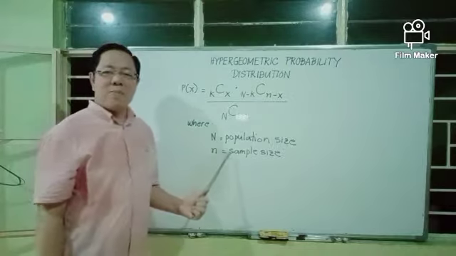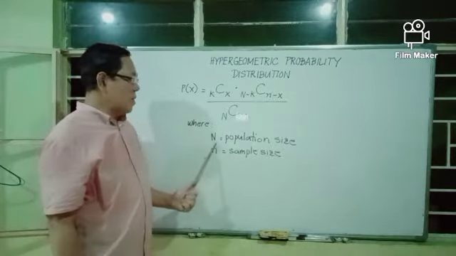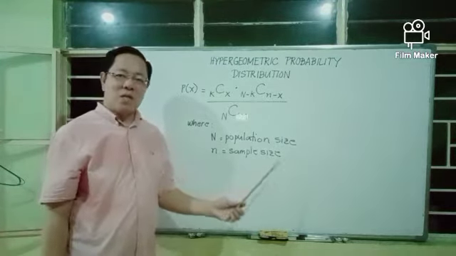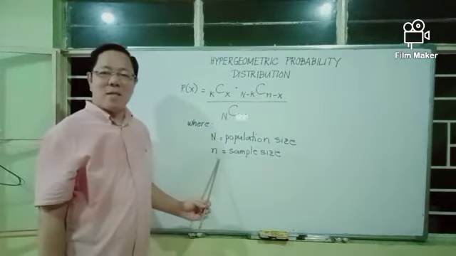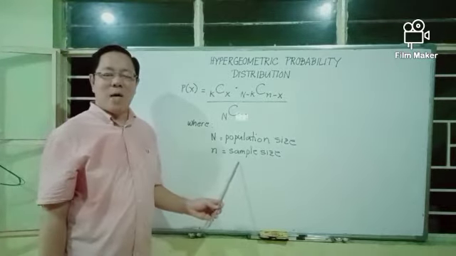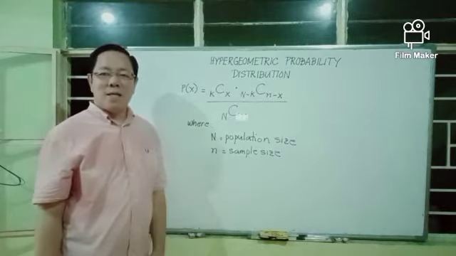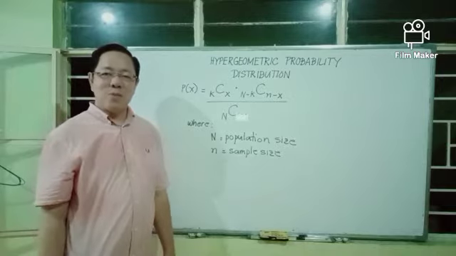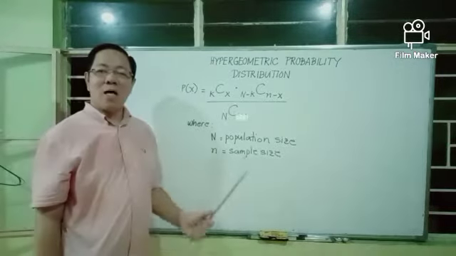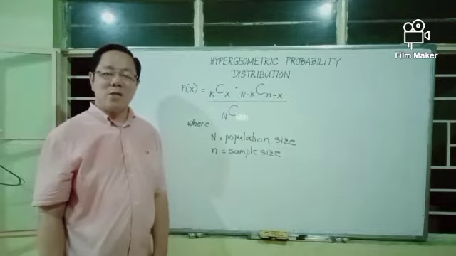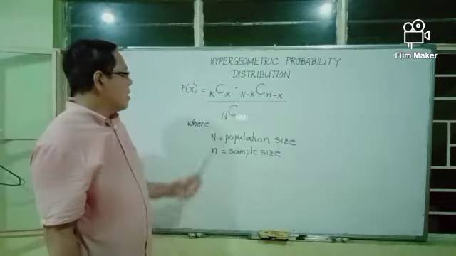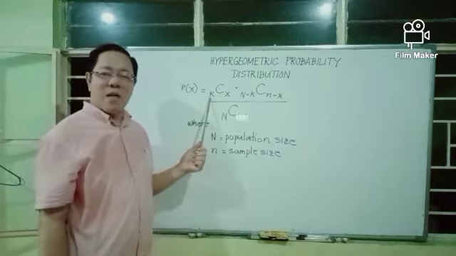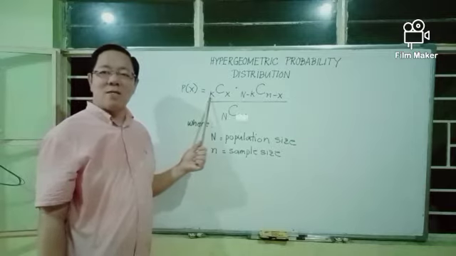Again, capital N represents the population size, while small n represents the sample size or the number of elements in the sample. And in hypergeometric probability distribution, the population size is small in relation to the sample size. And k represents the number of elements in the population that are successes.